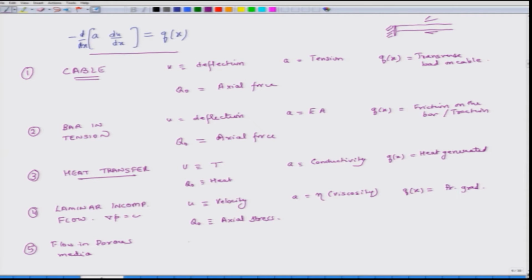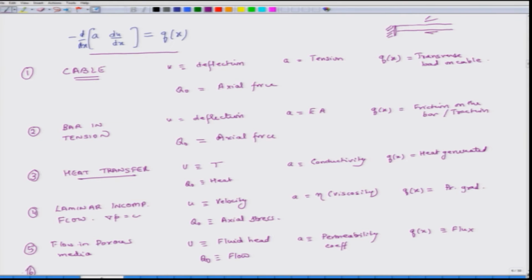In that case, U corresponds to fluid head, A corresponds to permeability coefficient, Q corresponds to flux, and Q naught corresponds to flow.